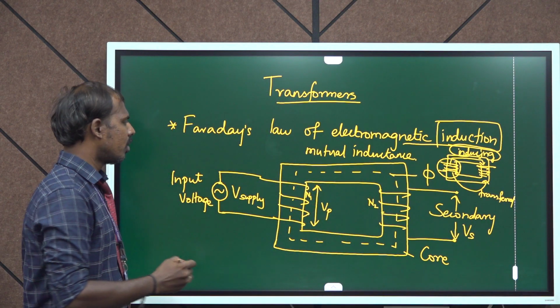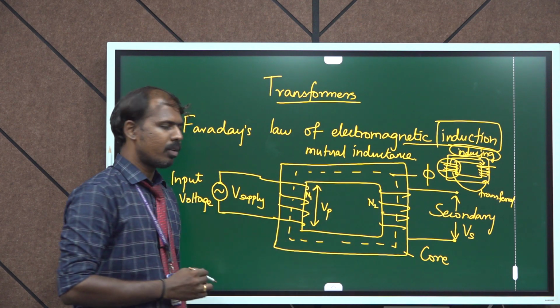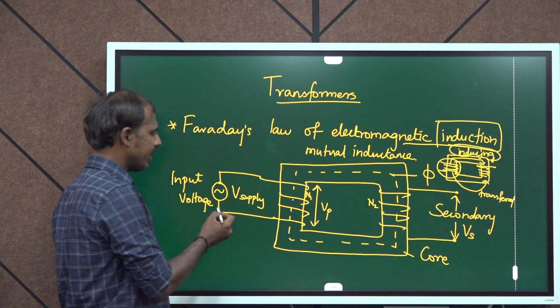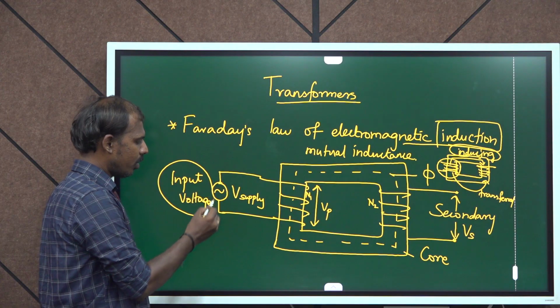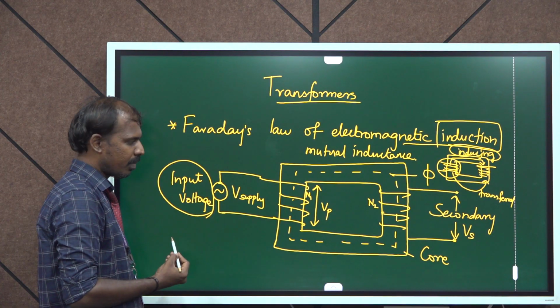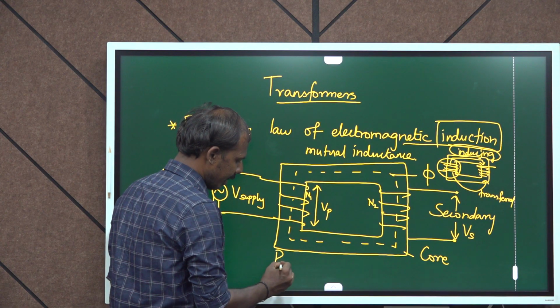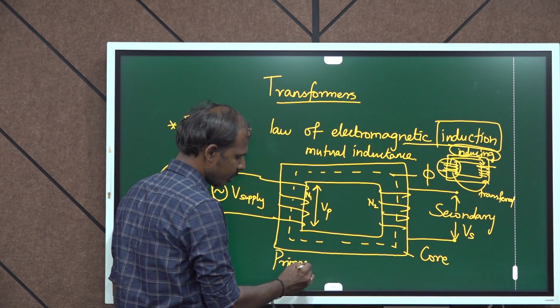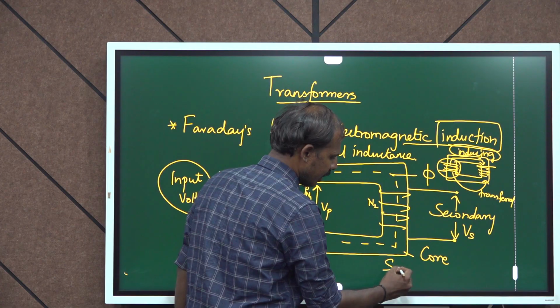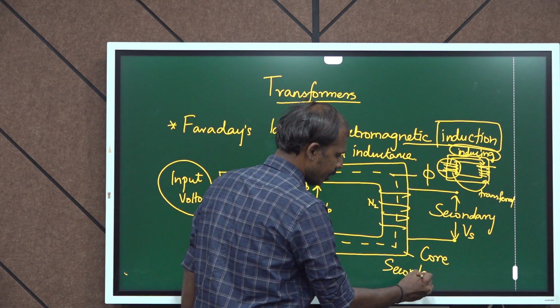Okay. Now, this is a rough circuit of a transformer. We are connecting the transformer to the input voltage supply, which we will mention as V supply. The first initial part is called the primary, and the other side is called the secondary part.